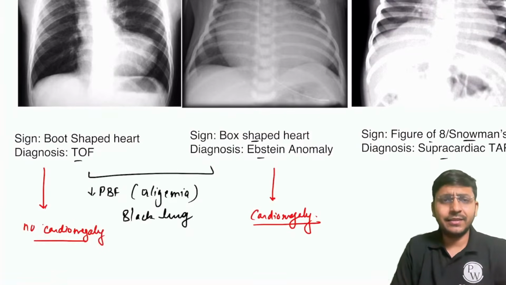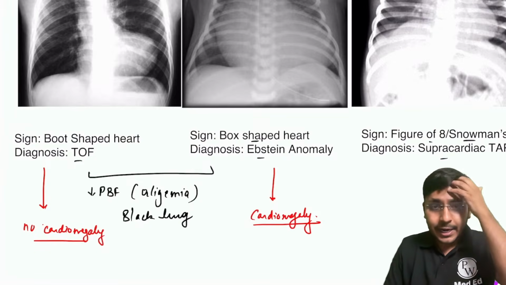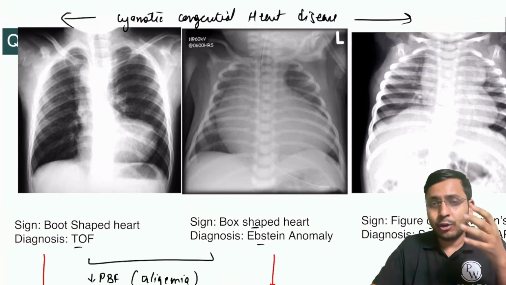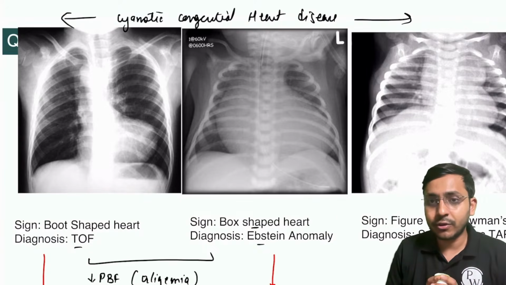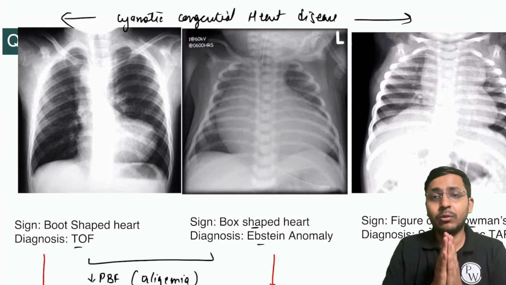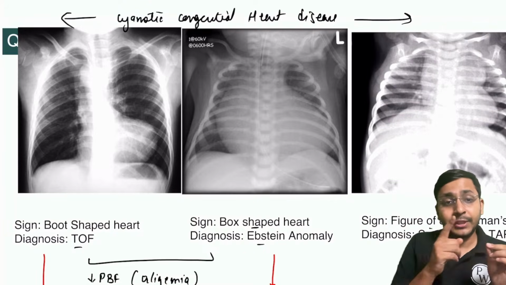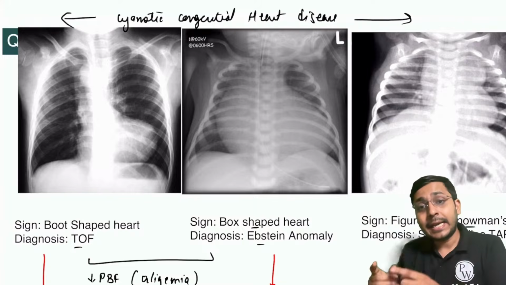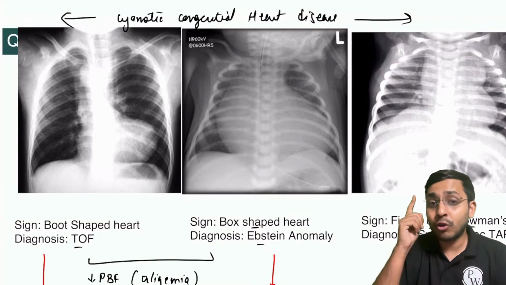Now you'll ask, why, sir, in TOF you have right ventricle hypertrophy? So remember, cardiomegaly does not mean no chamber enlargement. How do we measure cardiomegaly? CT ratio, cardiothoracic ratio. Cardiothoracic ratio is normal in TOF, although there is right ventricle hypertrophy. But in Epstein anomaly, there is cardiomegaly and increase in CT ratio.